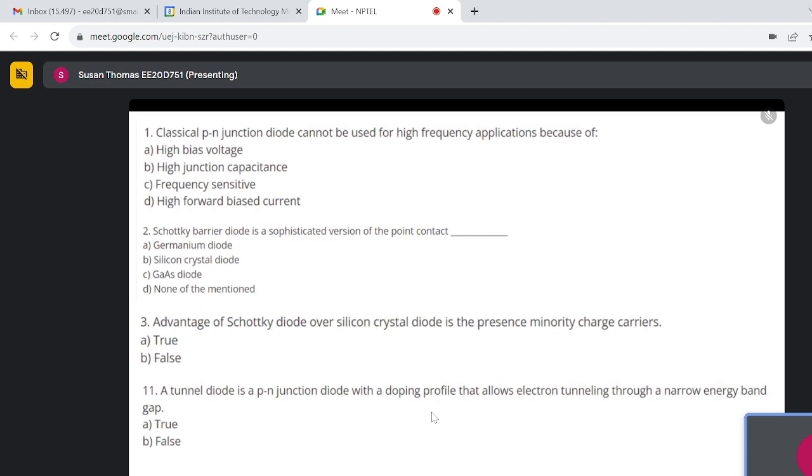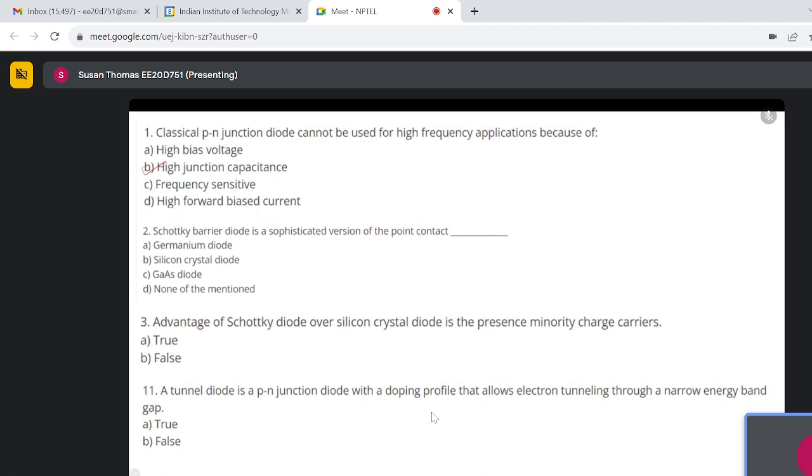Going ahead, the first question is: the classical PN junction diode cannot be used for high frequency applications because of A, high bias voltage, B, high junction capacitance, C, frequency sensitive, D, high forward biased current. Yes, right answer, as you all said. Thank you for answering. It is because of the high junction capacitance.